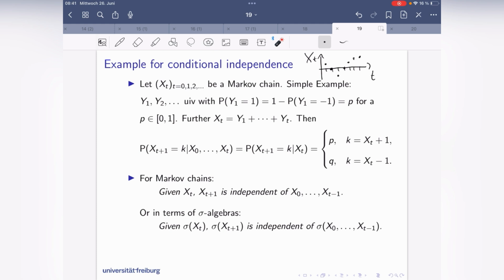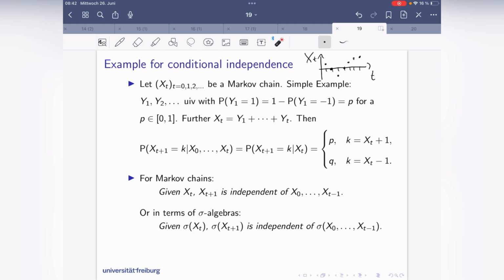And then what you realize is, for example, when you're at this point here, the probability to go to this x_{t+1} or to this x_{t+1} only depends on where you are here, but it does not depend on where you came from. So this path is irrelevant, but of course the point where you are currently, that's relevant.